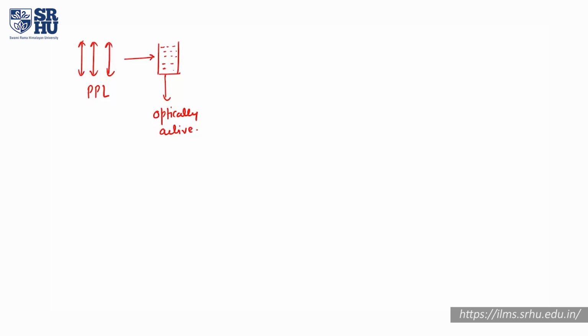These compounds are those through which, when PPL is passed, the PPL either rotates towards the right-hand side, or there are some which rotate the PPL towards the left-hand side. So either the plane polarized light is rotated towards the right or it is rotated towards the left.